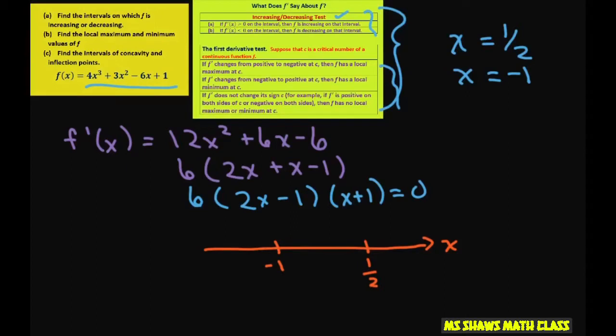So the intervals we want is what's happening with our graph when x is less than negative 1, what's happening when our graph is in between negative 1 and 1/2, and what's going on after that, when x is greater than 1/2. We don't really need the 6 here. So we're going to use these intervals and determine where it's increasing and decreasing.